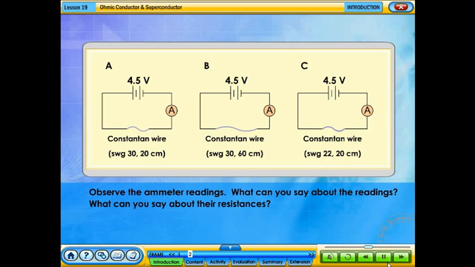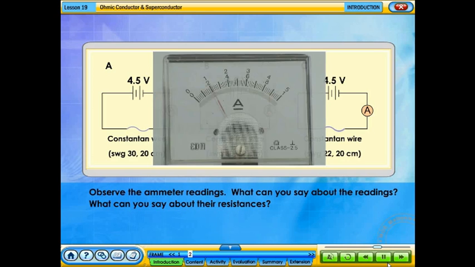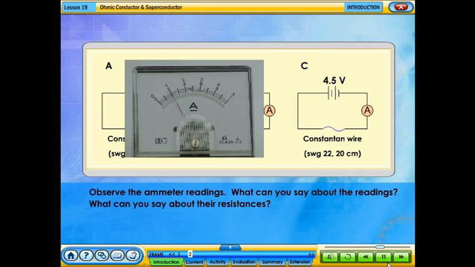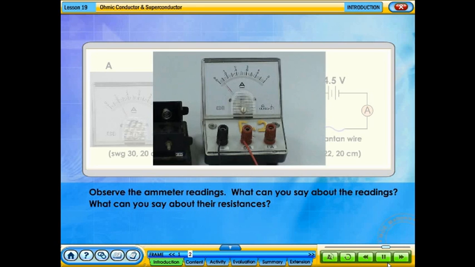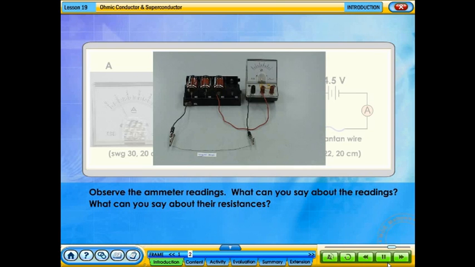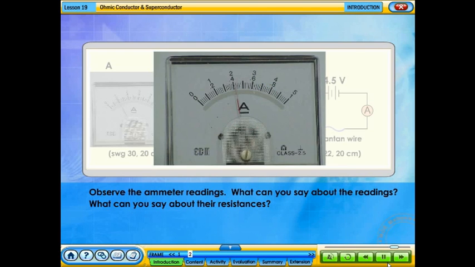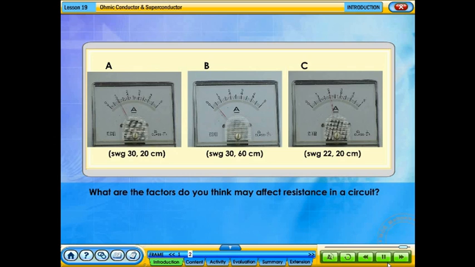What can you say about the readings? What can you say about their resistances? What other factors do you think may affect resistance in a circuit?